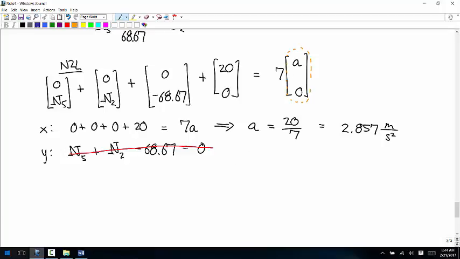And so the acceleration vector is positive 2.857, 0. And all of this stuff is moving together, so that's the acceleration of the 5 kilogram cart, and it's the acceleration of the rope, and it's the acceleration of the 2 kilogram cart. Okay.